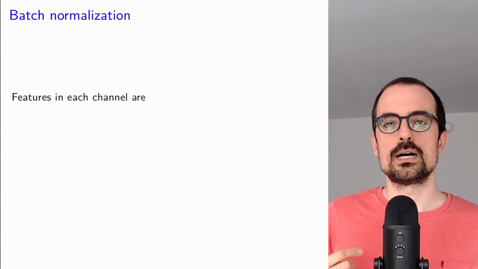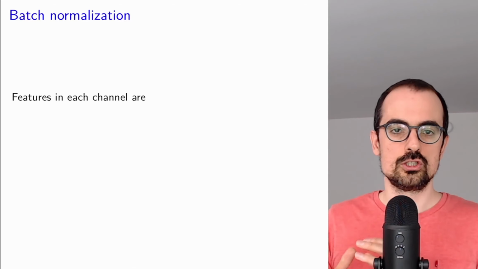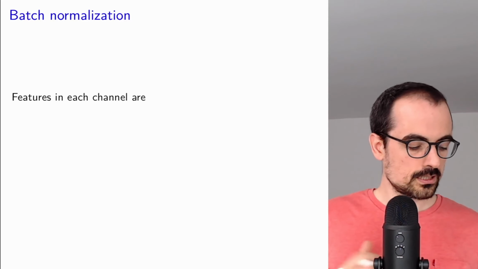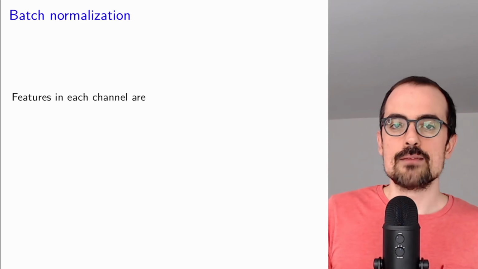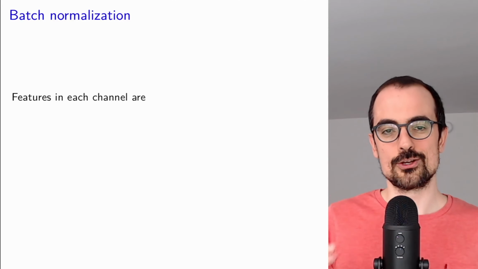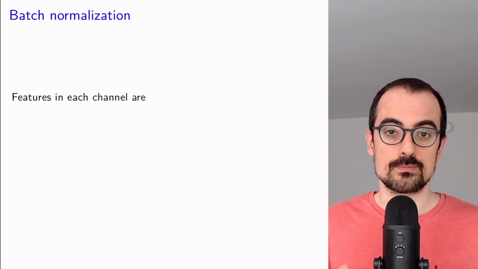We have talked about convolutional filters and ReLU nonlinearities, but there are other elements that can be used within neural networks to improve their properties. One of them is batch normalization.